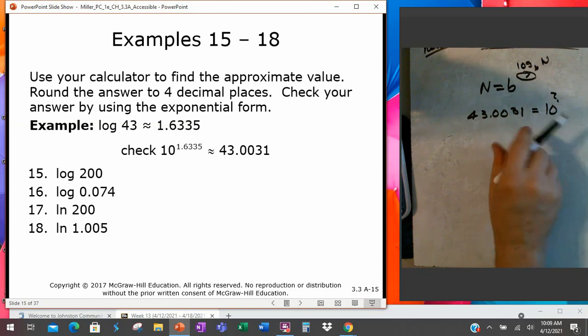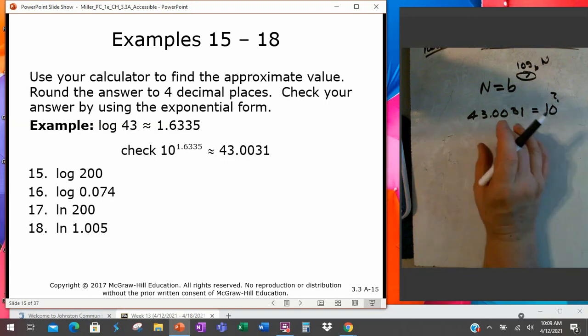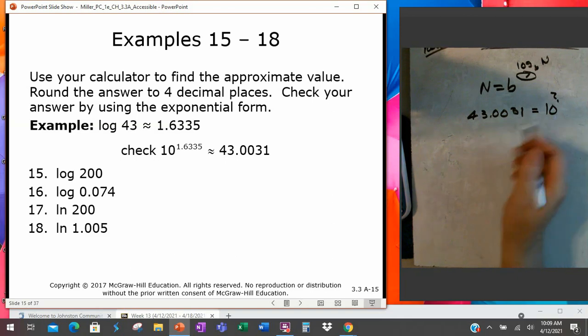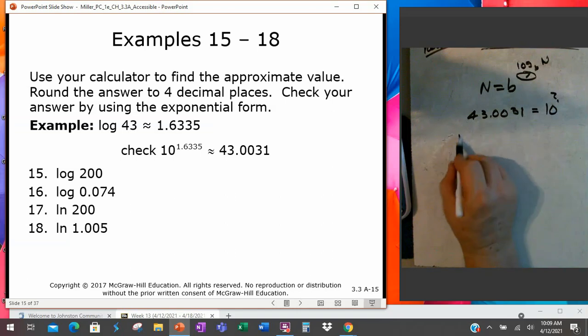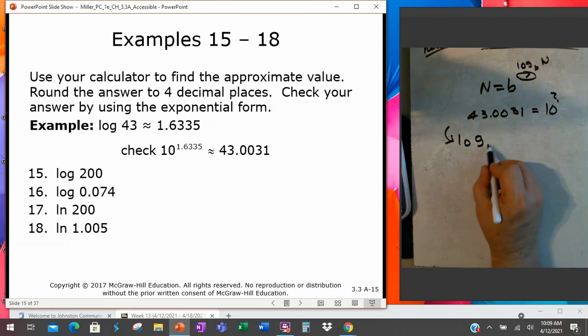I can't do this by hand. I can kind of make some guesses, maybe within 2 or 3 points, but it's not necessary. In order to find this, I've got to use the log. What do you want me to raise that power to? 10.